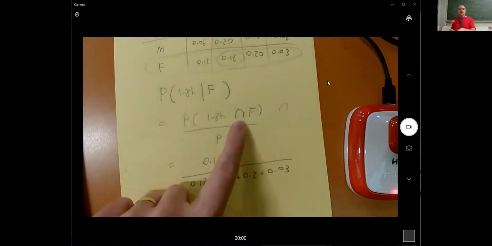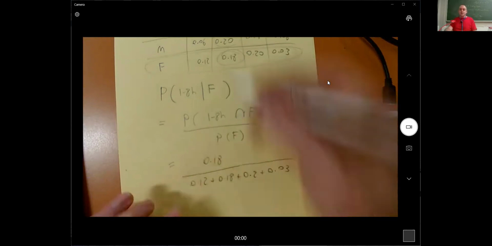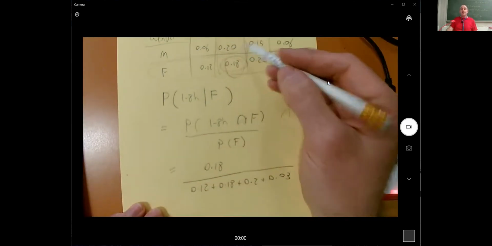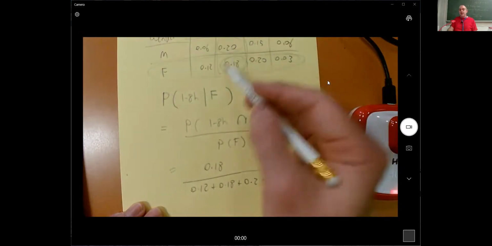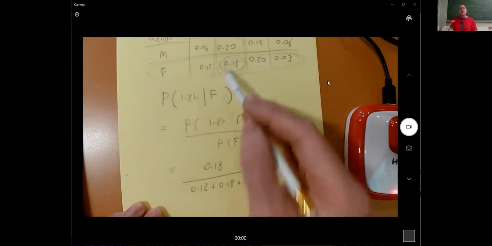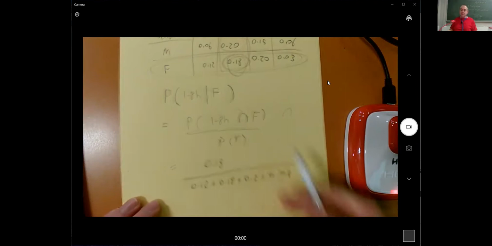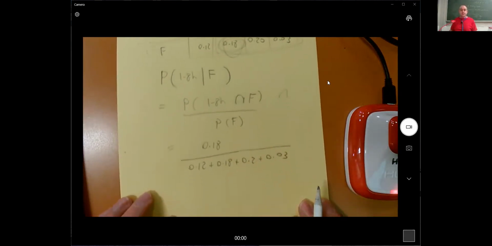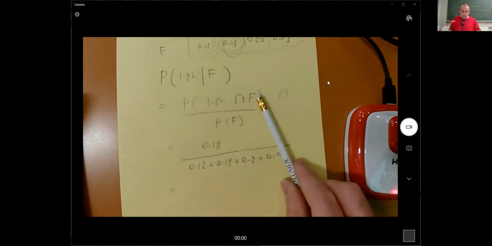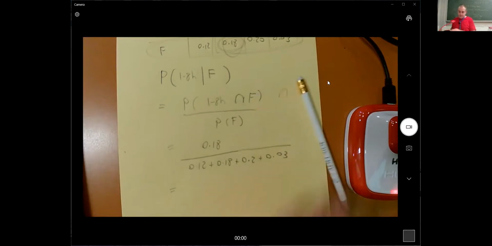So this is the intersection of these two things. There's the 1 to 8s, and there's the females, and the intersection of those two things is this. So that's why it's this symbol. So 0.12.